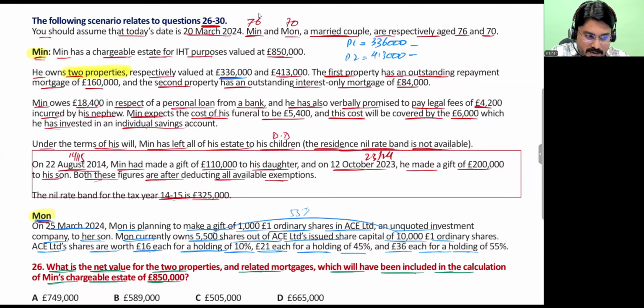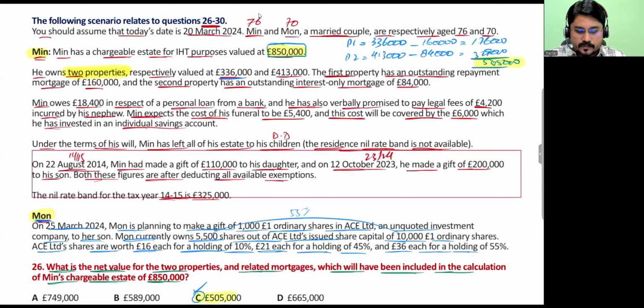The first property mortgage is 160,000 and the property two mortgage is 84,000. If we deduct these, we will get 176,000 and 329,000. The sum of these two would be 505,000. So the correct option is option C. So this amount has already been used in the calculation of the chargeable estate. The properties amount of 505,000 has been added in the calculation of the estate.